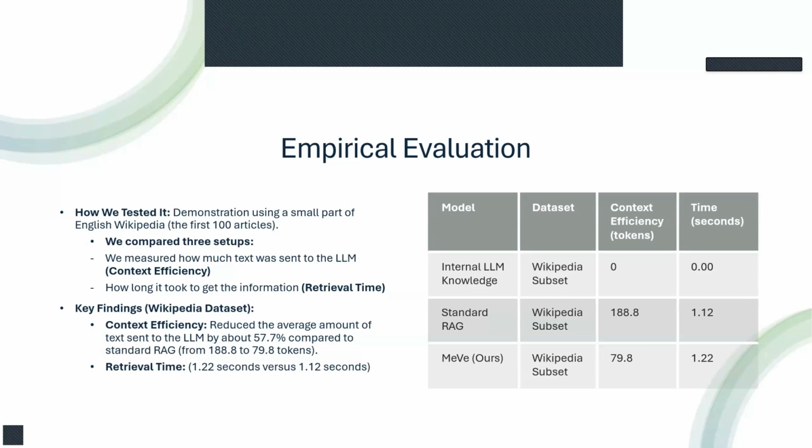So it didn't actually give that much overhead on the retrieval time, even though it gave 57.7% less text than the initial standard RAG.